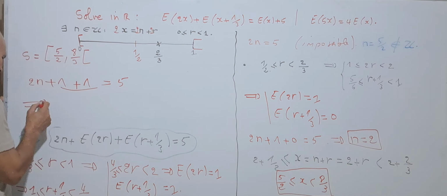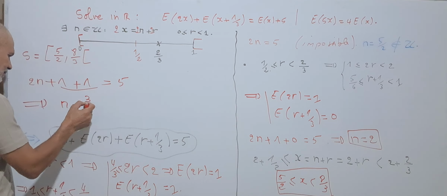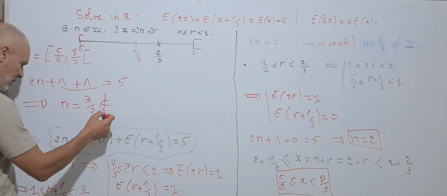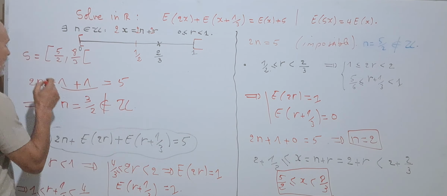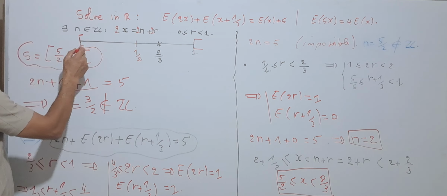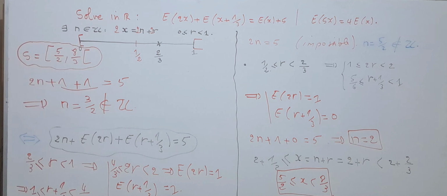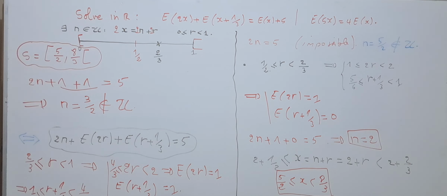It is obvious that there is no chance, since n does not belong to Z. So the final solution is the interval 5/2, 8/3.